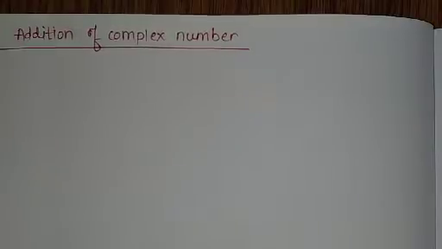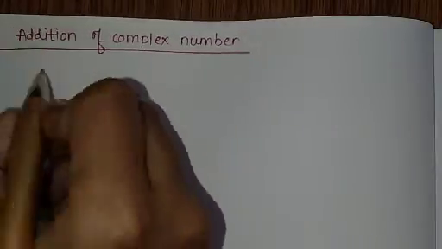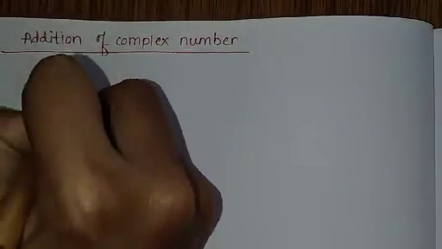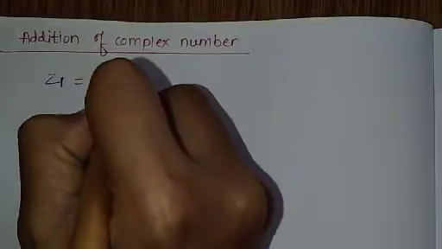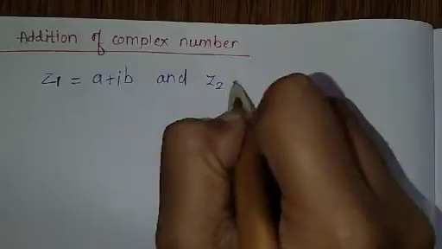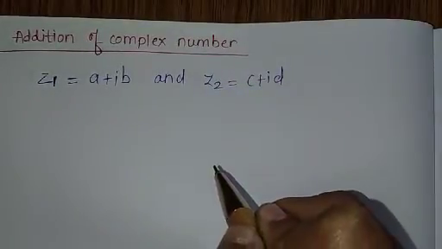For this, consider the two complex numbers, that is Z1 is equal to A plus iB and Z2 is equal to C plus iD.